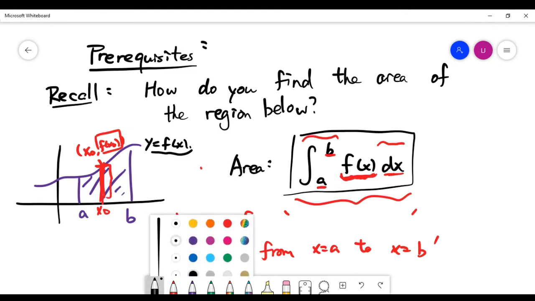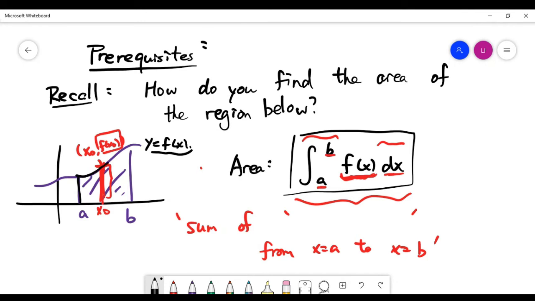Let's change your perspective a little bit. If you try to find the area of this region, you can vertically cut along the region one by one. If you keep cutting like this, you're getting some very thin slices, right? Of course, the leftmost slice starts from x equals a, and the rightmost slice ends at x equals b.